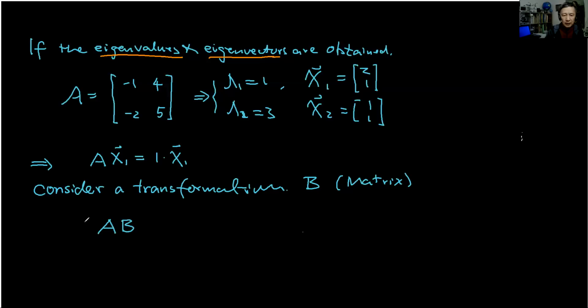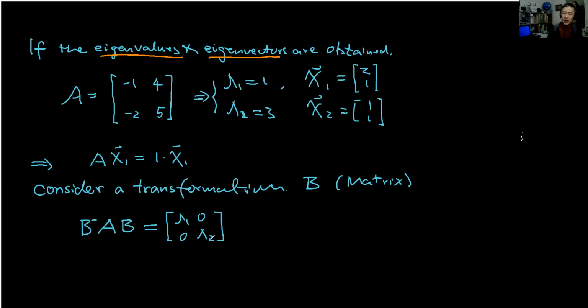Have you seen this form, B inverse A B? If we consider this case, then that will become purely a diagonal matrix like this: lambda 1, lambda 2, 0, and 0.